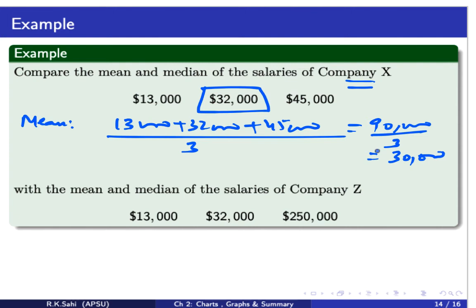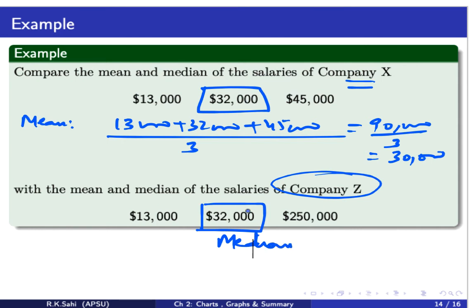Do you see that? So it's not going to be much of a difference when we create a graph over here. Whereas for company Z, the salaries are 13, 32, and 250,000, a big amount compared to the other two. The median is again the same. But what about the mean, guys?